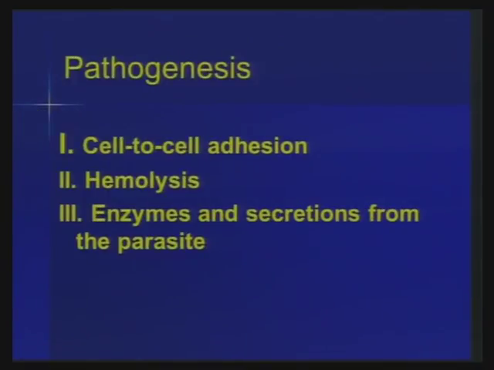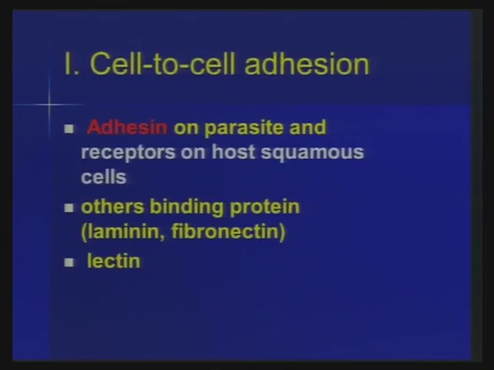The pathogenesis caused by the trophozoite is one, two, and three. The first one is cell-to-cell adhesion. The second one is hemolysis. And the third one, they secrete enzymes from the parasite to destroy the squamous cells. They produce adhesin, which is produced by the parasite and uses a receptor.